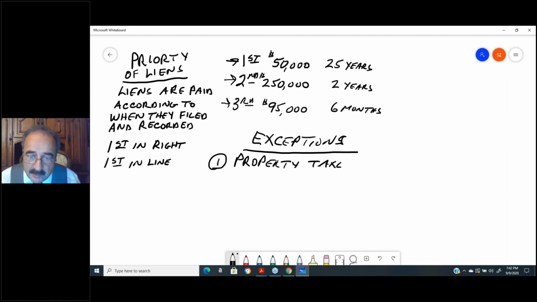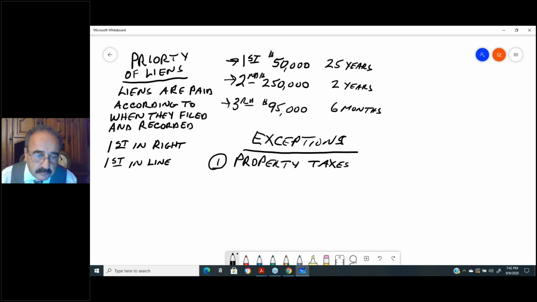Property taxes become a lien on January 1st of any given year, even though they're not due and payable until the following year. Even if you have a mortgage recorded 25 years ago, your current property taxes will jump ahead of everything else.